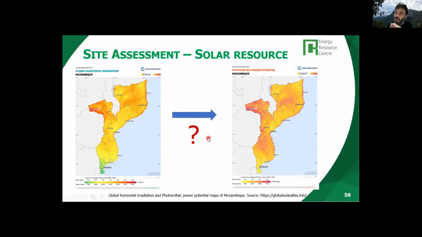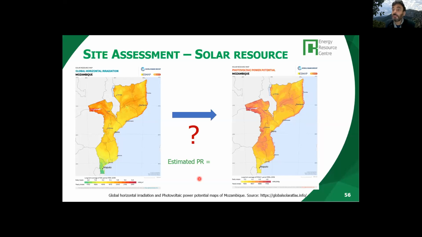What is the conversion we have from this map to this map? Can somebody tell me? We have mentioned this in the class before, in the previous sessions, last week and 2 weeks before. Let me give you another tip.